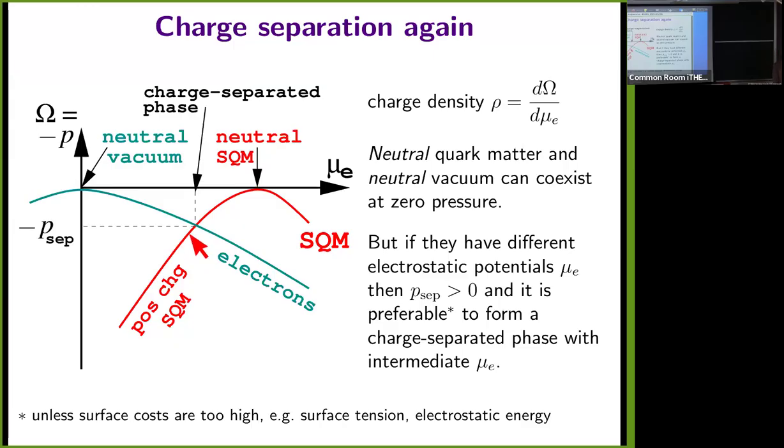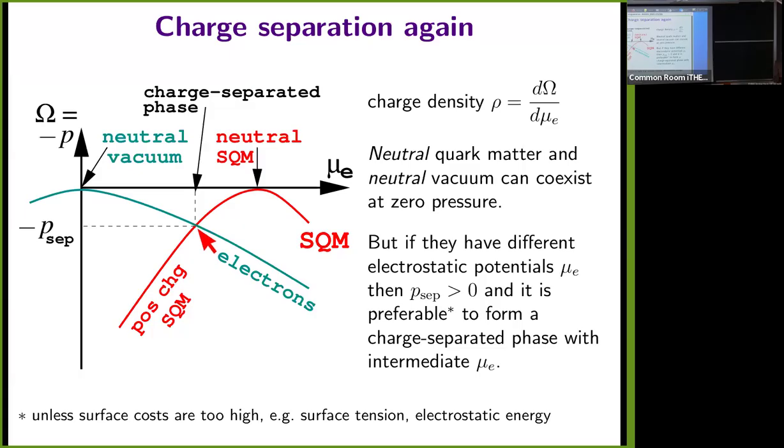So as before, if I come into the surface of this strange star from the outside, do I go straight from neutral vacuum, hit the surface, and immediately I'm in neutral quark matter? Maybe, but maybe the system sees that this charge separated phase is nice, since both phases individually have higher pressure than if they were neutral.